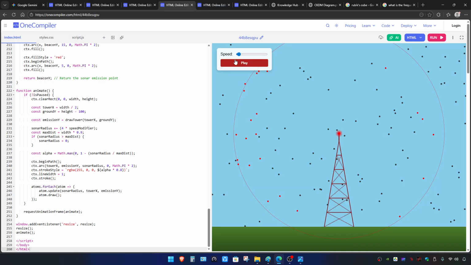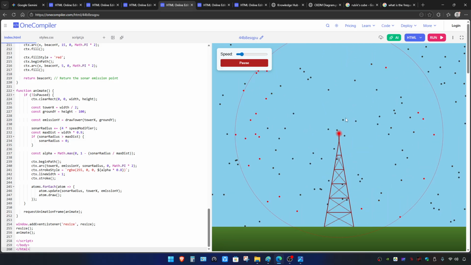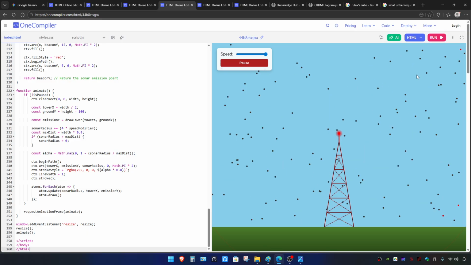In this case, if I increase the hertz rate, you will see that there is a bug, where some of the air molecules are not moving as they are moving in the slow case. This is a bug, but let me explain why it is important. It means every time this radio tower is vibrating, the atoms that are not moving are vibrating, but they are vibrating in their zone.